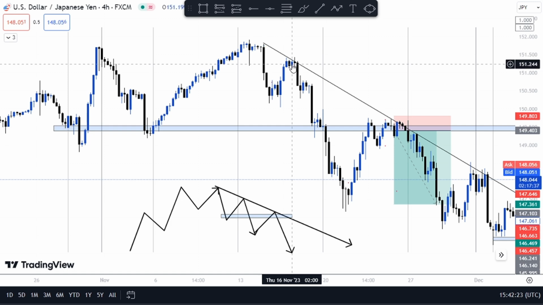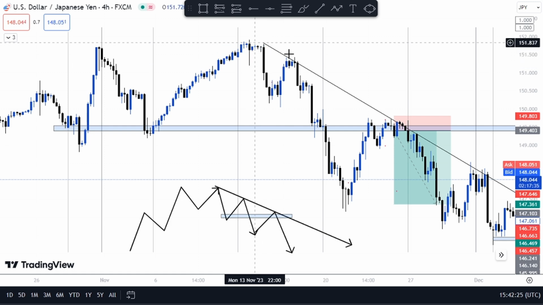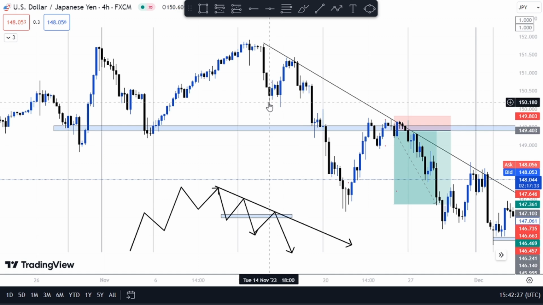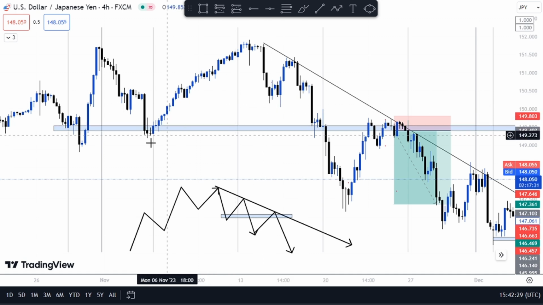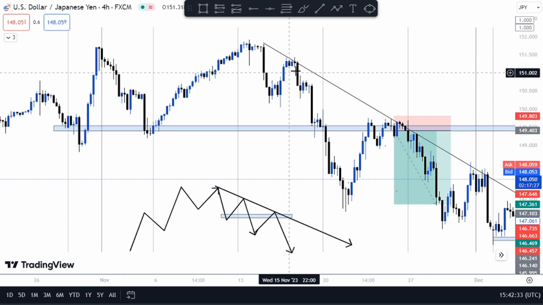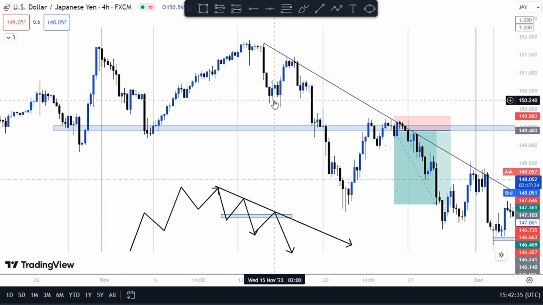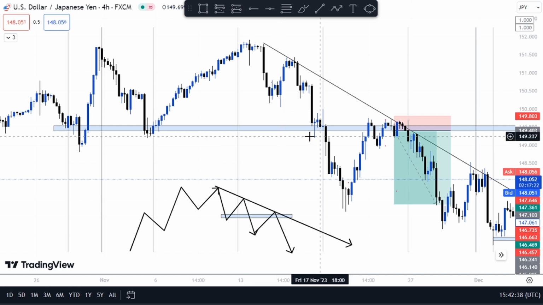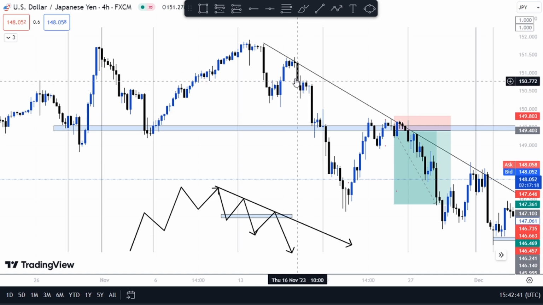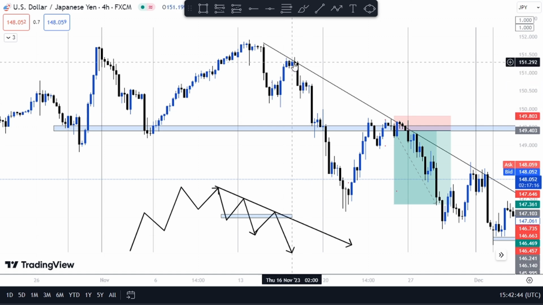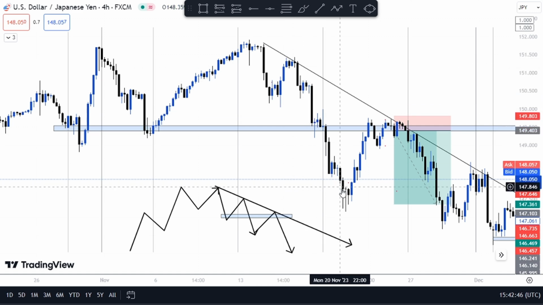As it went up over here, it didn't break this high. So I was expecting this low to get broken, but the major low is this one. As I waited for this one to get broken, it broke this one and came all the way to break this one as well.